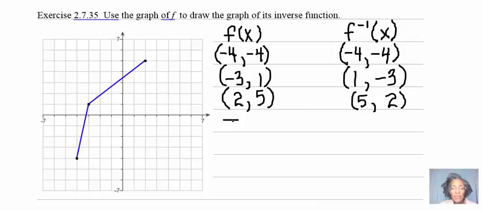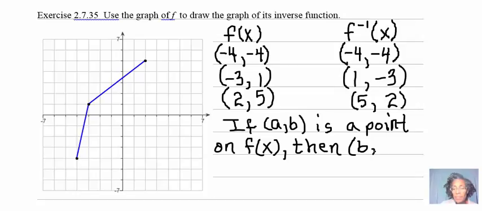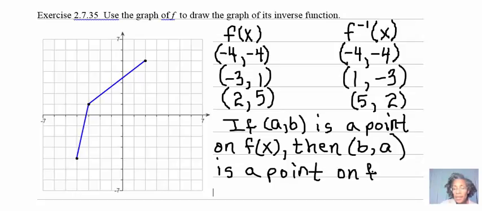So notice if (a, b) is a point on f of x, then (b, a) is a point on f inverse of x, which we write using this notation.